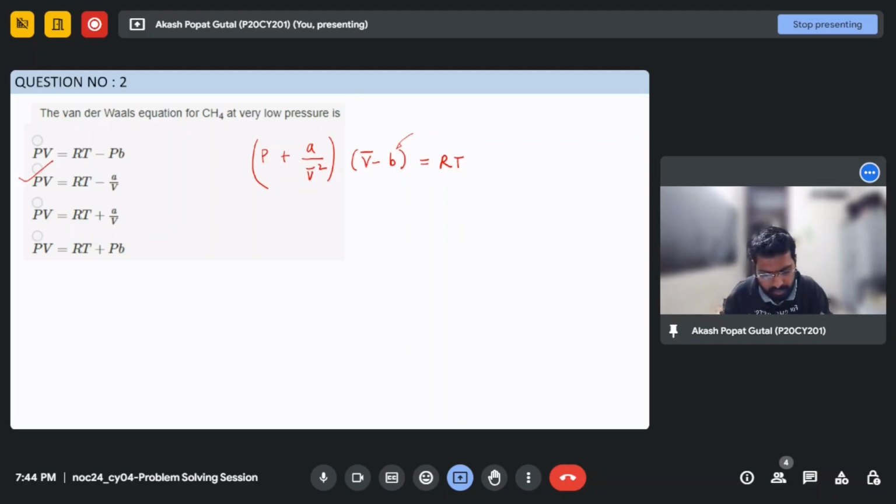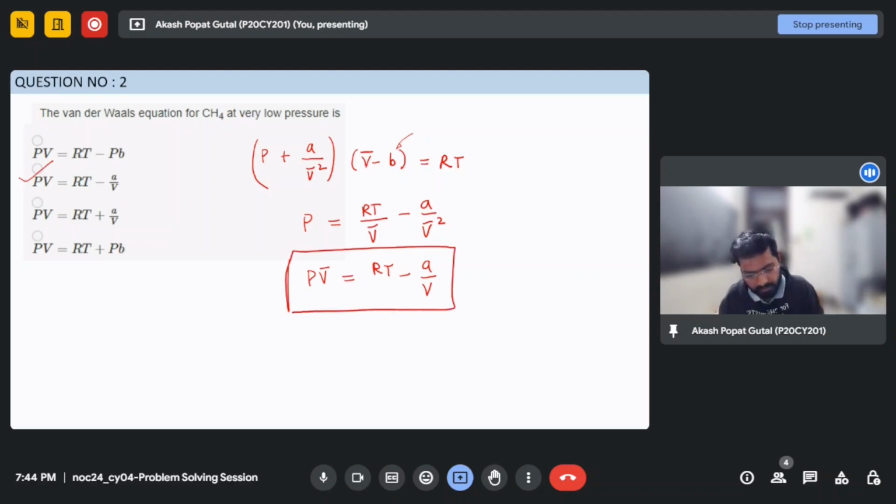The pressure is low, and because of that, we will have the equation P is equal to RT by V minus a by V square. So if you multiply both sides by V, you will get PV equals RT minus a by V. So here the answer is B.